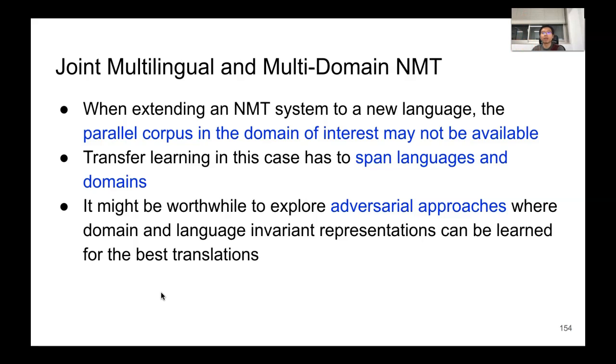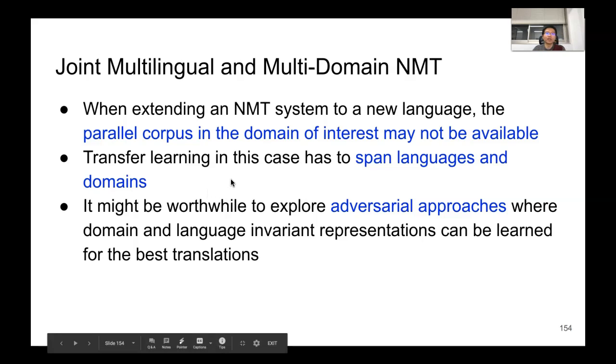And for each domain, again, you are not supposed to have enough data, right? So how to combine multilingual and multi-domain jointly? How to do multilingual and multi-domain MT joint learning? I think it's a very interesting problem.